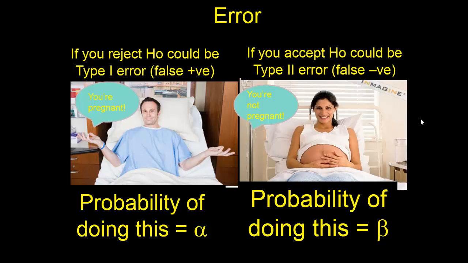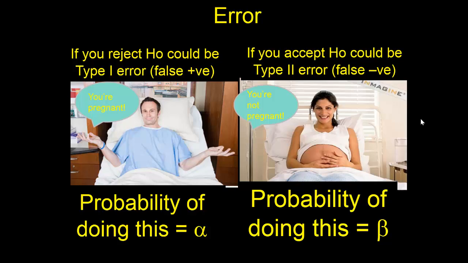If you accept the null hypothesis, conversely, you could be making a false negative. In other words, you could be saying there's nothing going on when there is something going on. And that's a type 2 error. It's like telling an obviously pregnant woman she's not pregnant. The probability of doing that is beta, which isn't easily defined. You don't decide on it like alpha, so it's something separate.